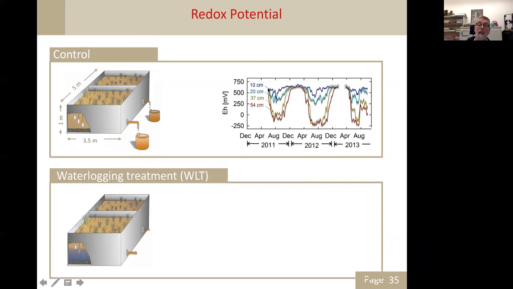And you see that actually already under normal conditions, the redox potential dropped in the growing season and then increased again over the winter, the non-growing season. And even in the upper soil horizons we get some decrease in this soil under conditions we consider normally aerated. And this happened in all 3 years you can see here.